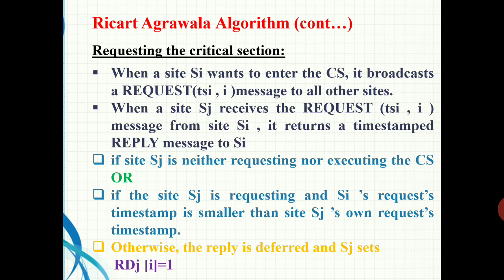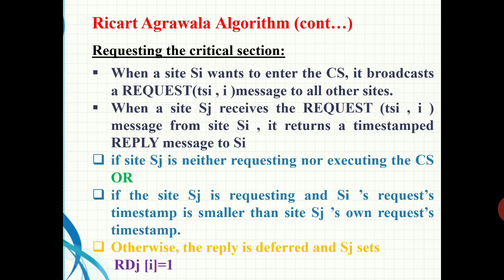Or Sj will send a reply message to Si if the timestamp of Sj is larger than the timestamp of Si. That is, we will give permission to enter the critical section based on the timestamp.